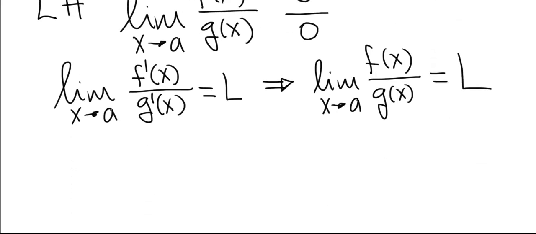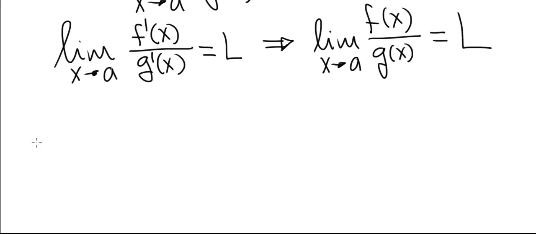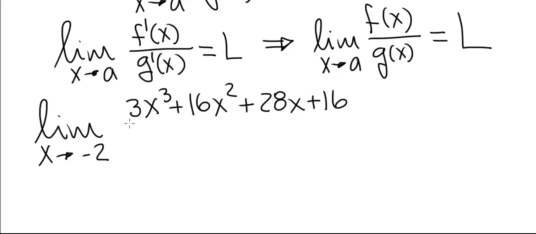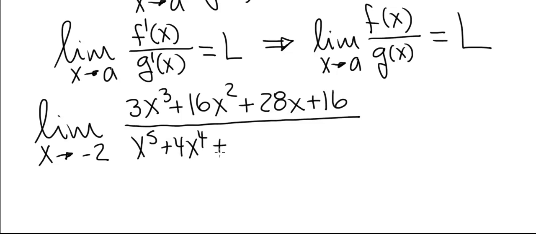So let's go to our problem again. We'll return to the limit we're trying to evaluate: the limit as x approaches negative 2 of 3x cubed plus 16x squared plus 28x plus 16 divided by x to the fifth plus 4x to the fourth plus 4x to the third plus 3x squared plus 12x plus 12.